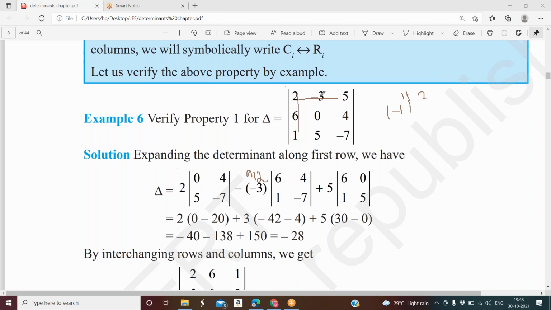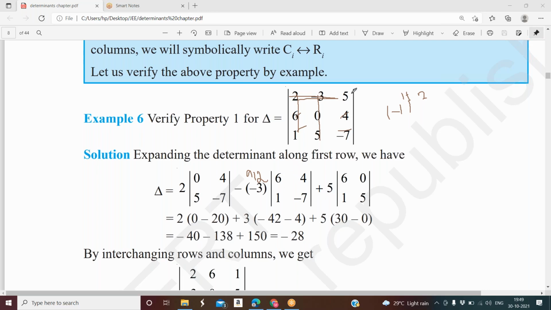So minus, and if you delete the row and the column having the element minus 3, then you will see 6, 4, 1, minus 7. So consider this matrix and find its determinant value.